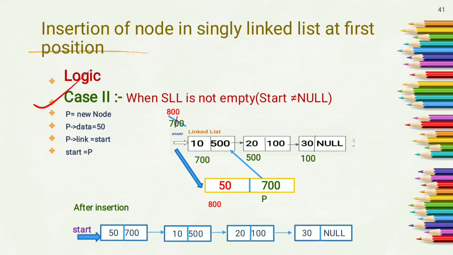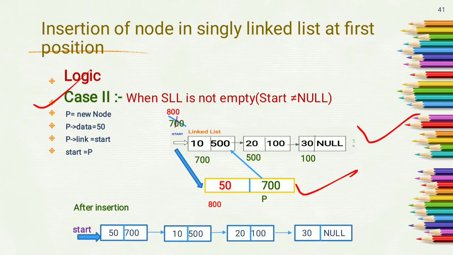The second case is when the singly linked list is not empty, that means start is not equal to null. In this case, if I want to insert a node at first position, to make this node p the first node of this singly linked list, first I have to store data in the data field of the p node, and then I have to write p link equals start.